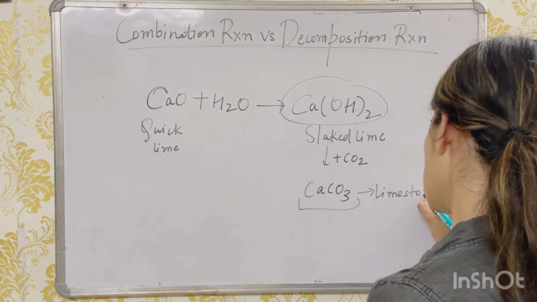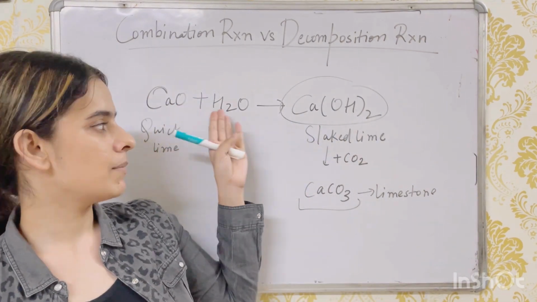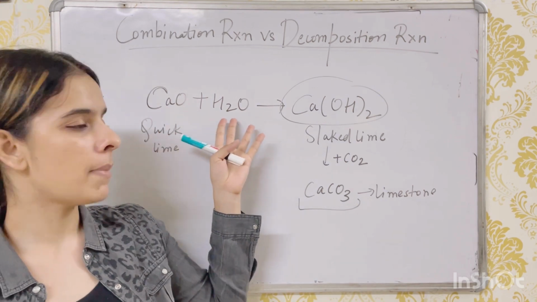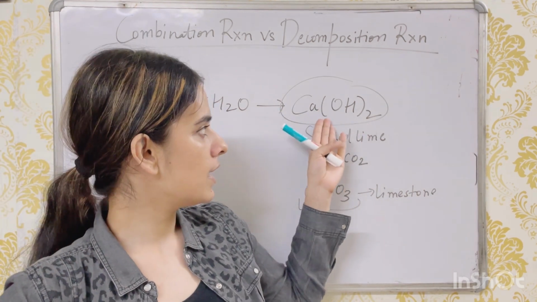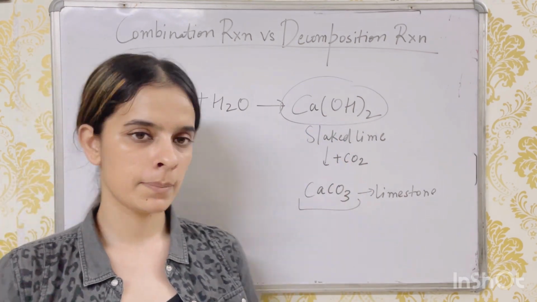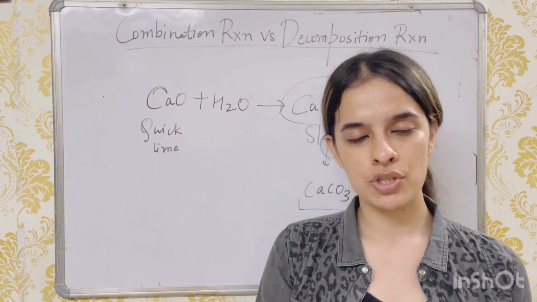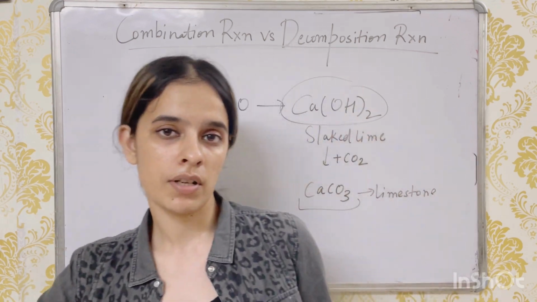So this is also an example of combination reaction, where firstly quicklime is added to water to form slaked lime. Here we can see two compounds combine to form slaked lime, and again this slaked lime combines with a compound to form limestone. There can be so many more examples which we will discuss over here.